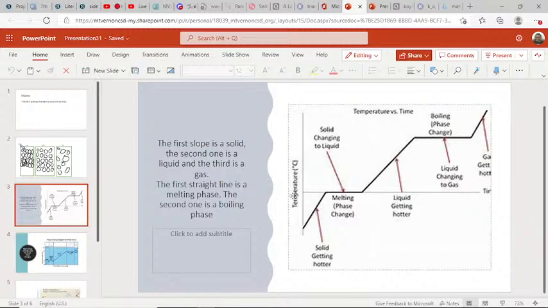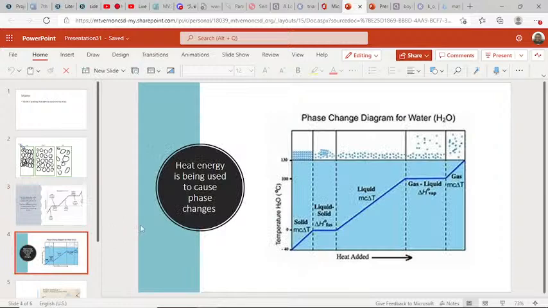We just say the form absorbs or the form releases heat. So whenever it's melting, it's absorbing heat. Same as if it's boiling. But if it's going down from a gas to a solid, it releases heat. Basically, heat energy is being used to cause phase changes.